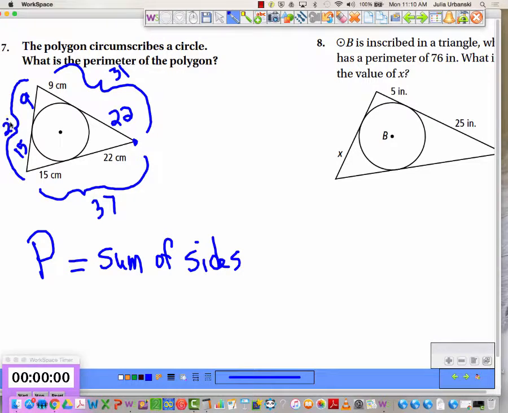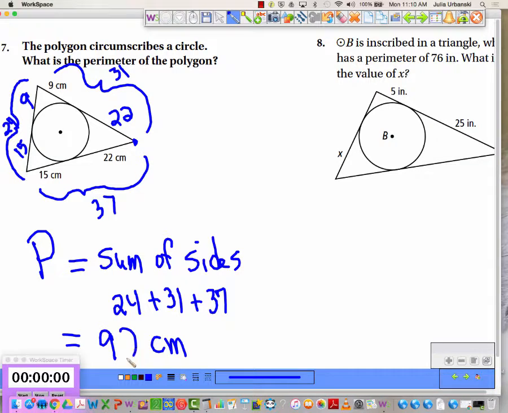Good. So if you add up your three sides now, 24 plus 31 plus 37, what do we get? Does that sound right? 92 centimeters. I remember the centimeters. You're doing it in your head, so I just wanted to share it.